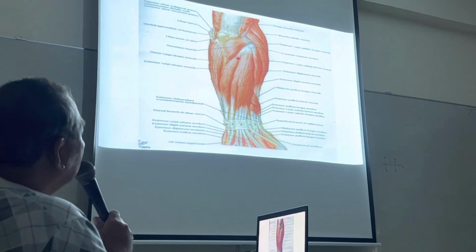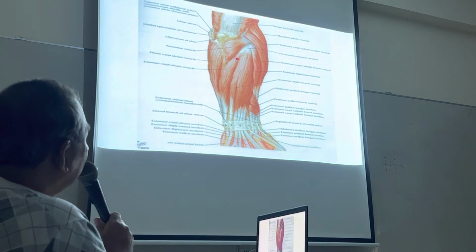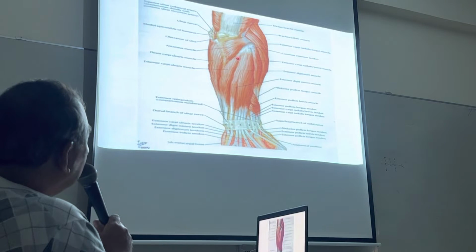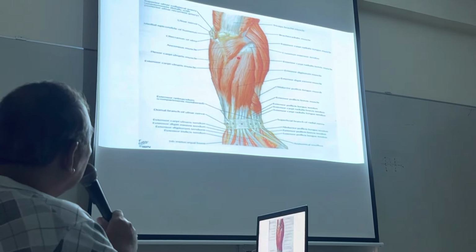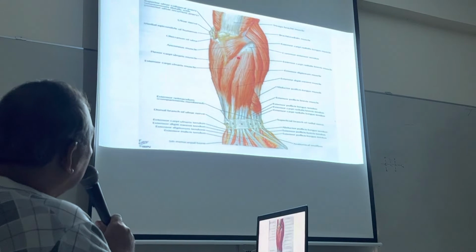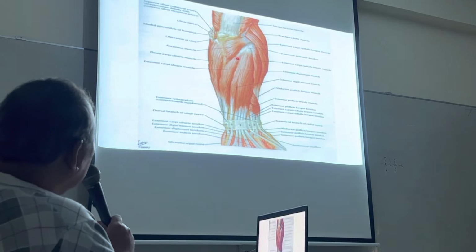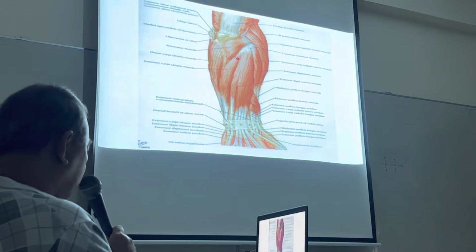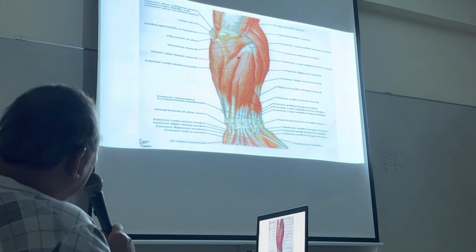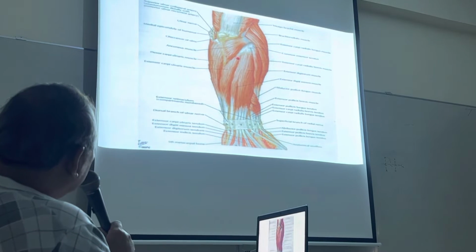Take note that they have a common site of origin. That would be the lateral supracondylar ridge of the humerus. So it takes origin from the humerus, the so-called lateral supracondylar ridge.